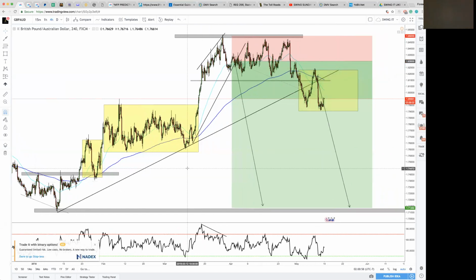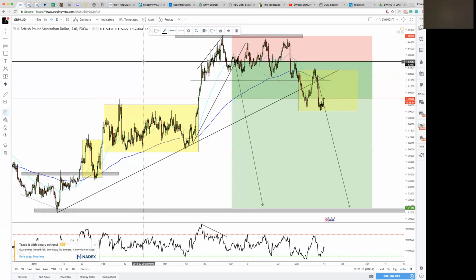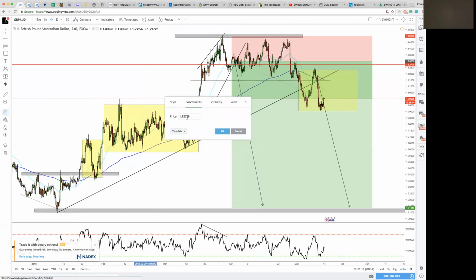So I'm patiently waiting and seeing how the price will play out. But right now, I think it's a good time to put your stop loss to break even.